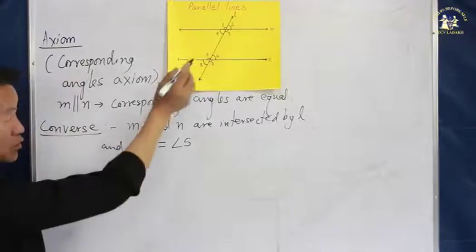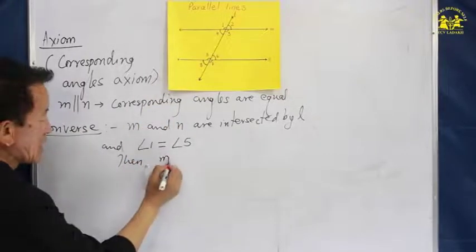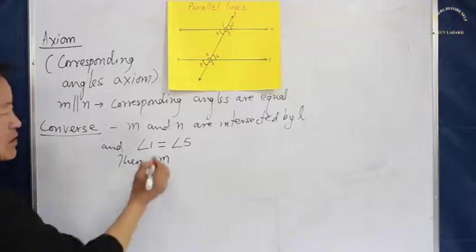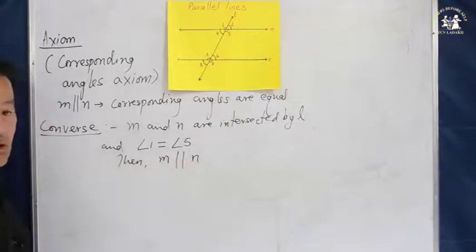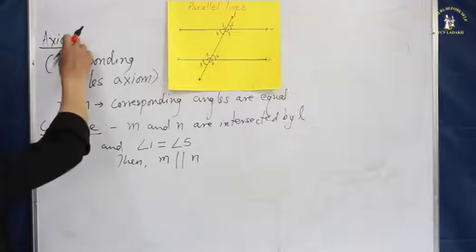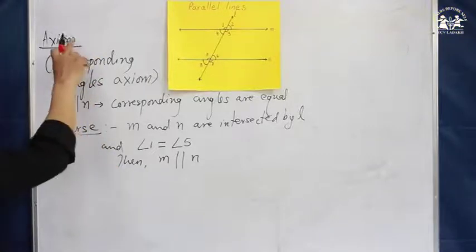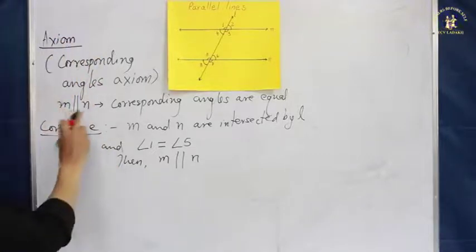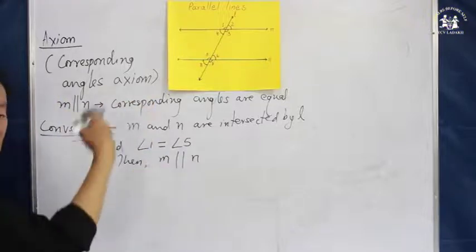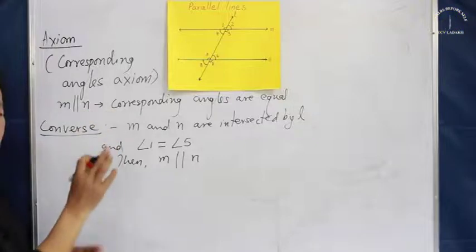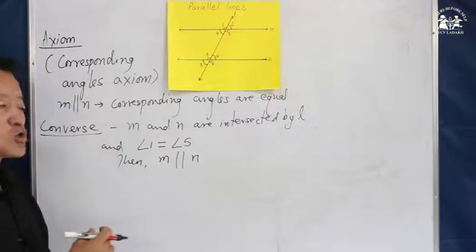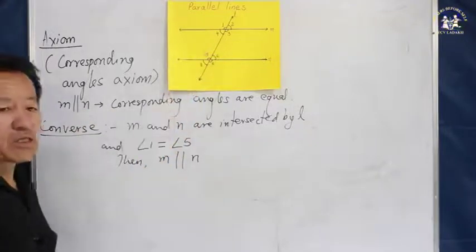We can conclude the two given lines M and N are parallel to each other. Okay, so these are the two axioms. The first axiom is the corresponding angles axiom. The second is the converse of the corresponding angles axiom.